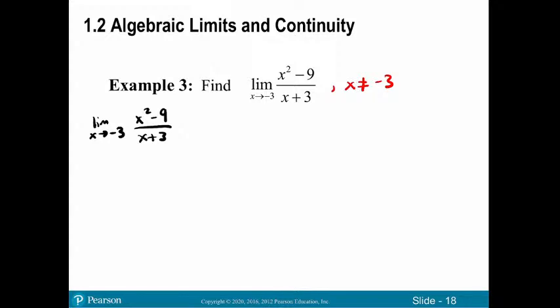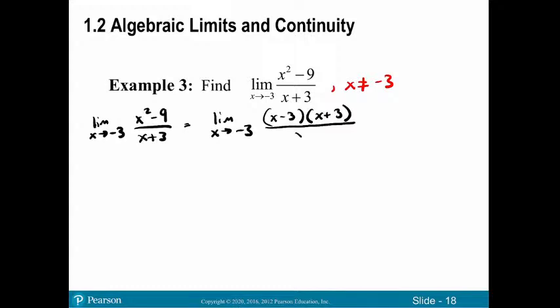Again, you can make a table like we did before, but I'm just not going to do that here. So this is going to be the same as the limit as x approaches -3. Now x squared minus 9 factors into x minus 3 times x plus 3. That's something we should be comfortable with factoring at this point. Let me know if you need more practice and I can get something to you so we can be proficient there.